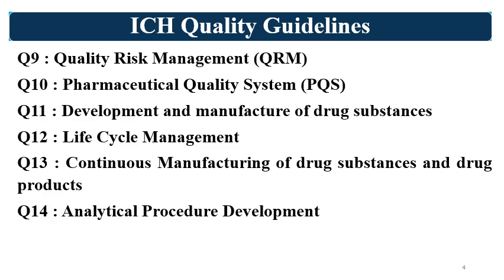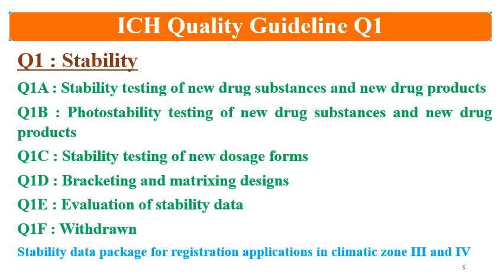Q13 guideline is for continuous manufacturing of drug substances and drug products. And last guideline, that is Q14, is for analytical procedure development. So these are the total 14 guidelines for quality given by the ICH.